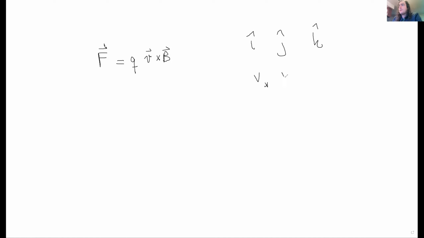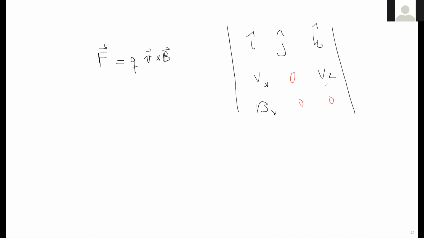And then it's Vx, Vy, Vz, Bx, By, Bz. And then you have to take the determinant of this thing. A lot of these components are zero, right? So let's make the ones zero that are zero. So all these are zero. There we go.